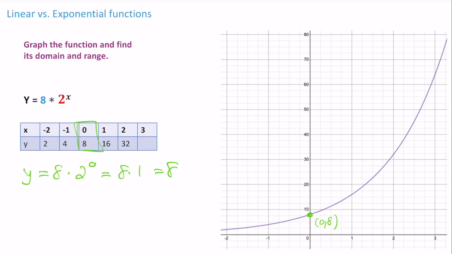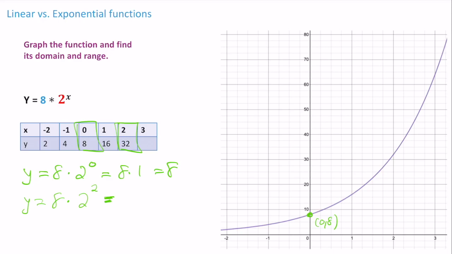We could just do one more, right? We could do 2 and 32. So y equals 8 times, and all I'm doing is just plugging in these x values and seeing what I get. And again, I included the table for you, but if they didn't, you would just do this. You'd pick x is 1, x is 2, x is 3, just pop them in, see what you get for y value, and then just graph those pairs, right?